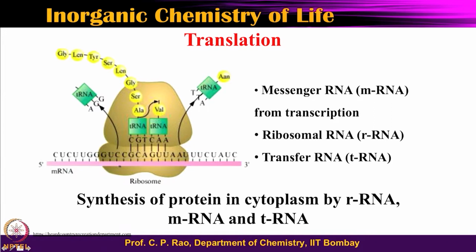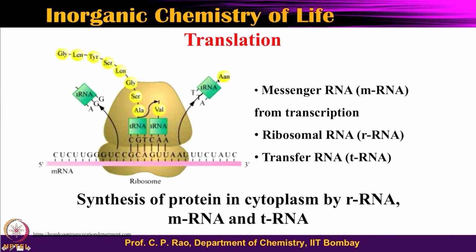And now this entire process occurs at the ribosomal system, and I am not going into more details of the ribosomal fractions. There are 2 different ribosomal fractions, but I am not going into the details of that. So, all that you need is to read a triplet code, and this triplet code is transmitted to the tRNA, and the corresponding tRNA is activated, and each tRNA will pick up one amino acid only.